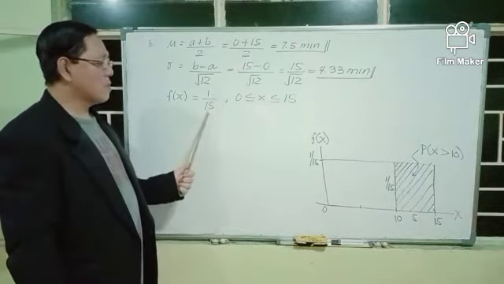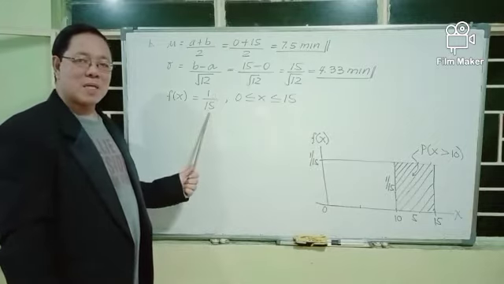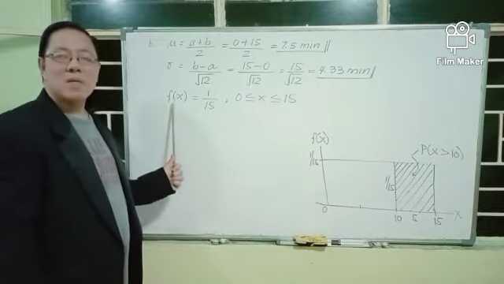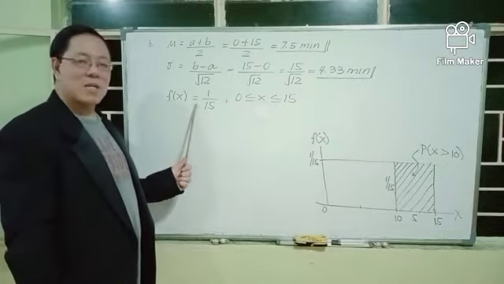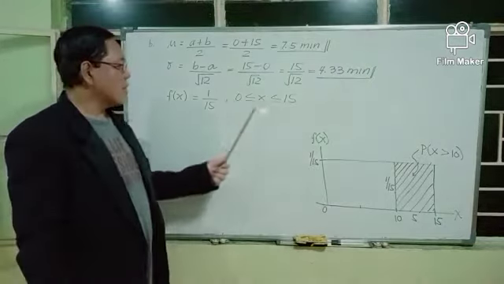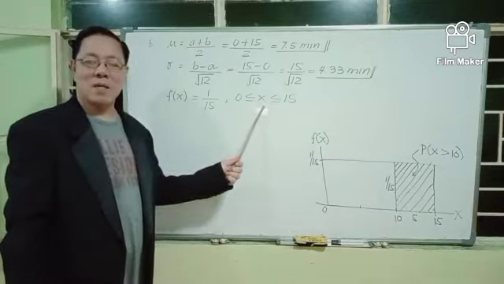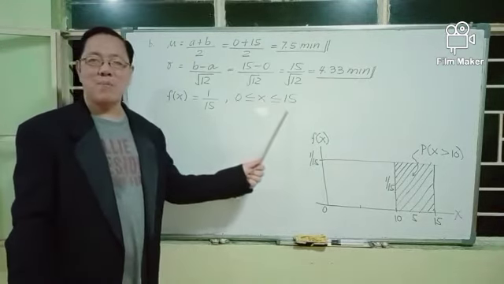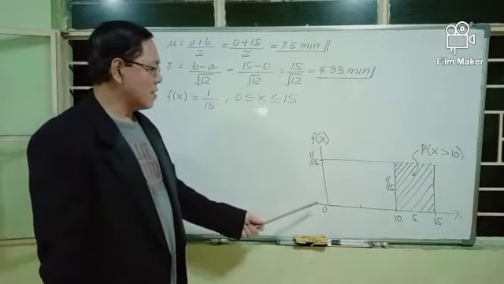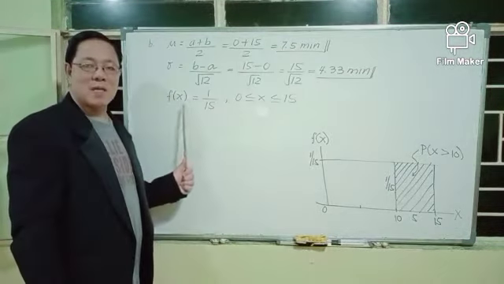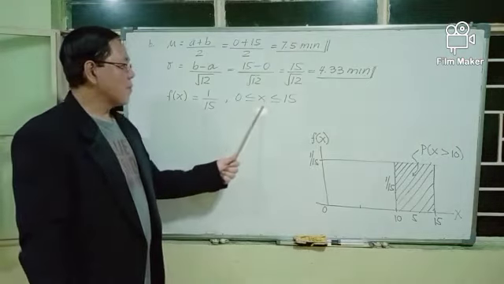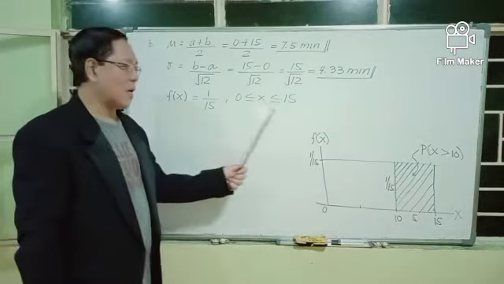So 1 over b minus a is 1 over 15. The value of the probability density function f of x is always a constant 1 over 15 for any value of x between the points 0 and 15 minutes. And this is the graph of the probability density function f of x equals 1 over 15 for values of x between 0 and 15.